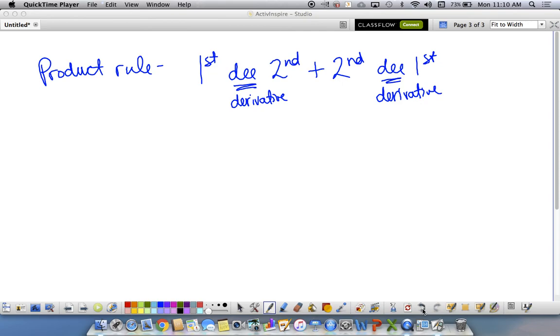Okay? I like to signify what is the first and what is the second. Okay? So if y equals x squared sine x, do you see that there's a function, x squared, times another function, sine x? Okay, so I like to specify which is my first and which is my second.